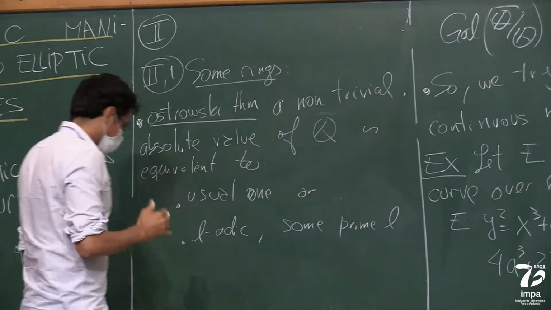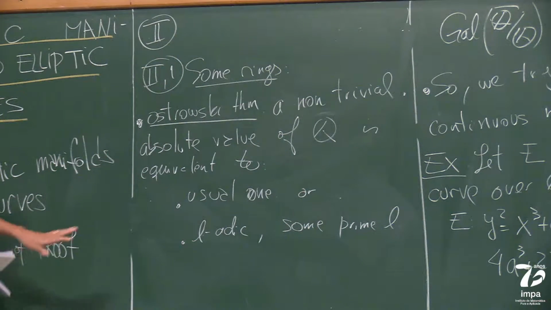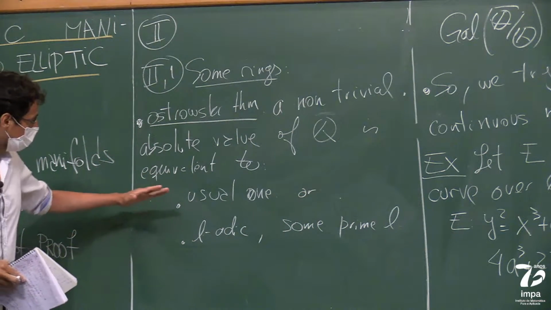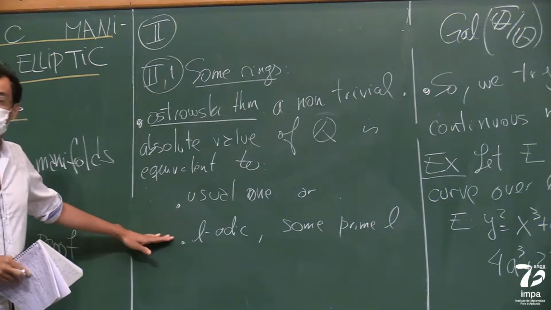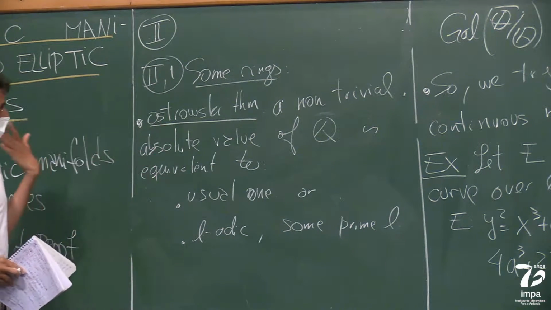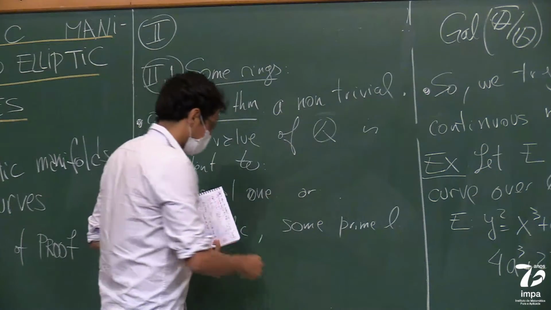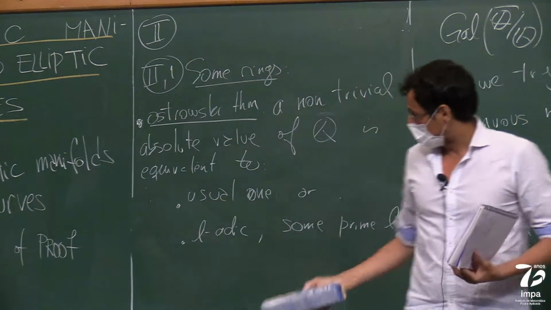So there are exactly these. All the absolute values are either the usual one or some L-adic for some L. So there are infinitely many absolute values, but very precise.